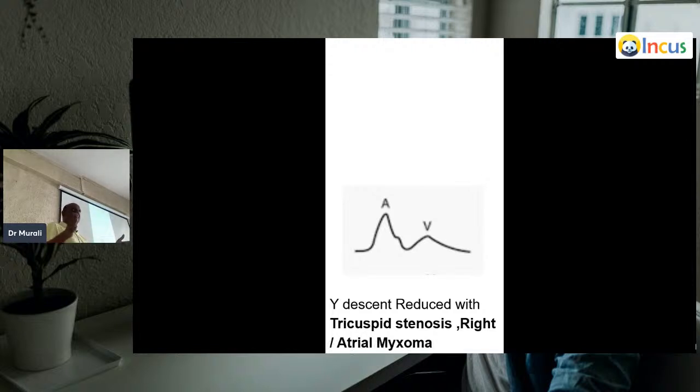When the tricuspid valve opens, the atrial blood goes into the ventricle. If stenosis is there, will it let that happen easily? No. That is the reason tricuspid stenosis will make the Y descent attenuated. Similarly, any right atrial myxoma has the same impeding effect.